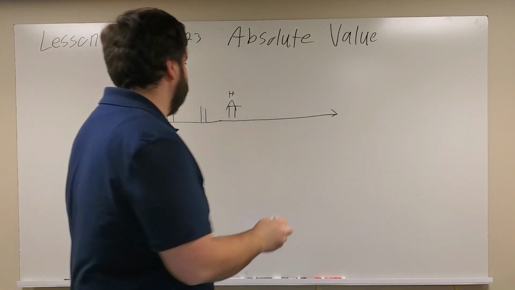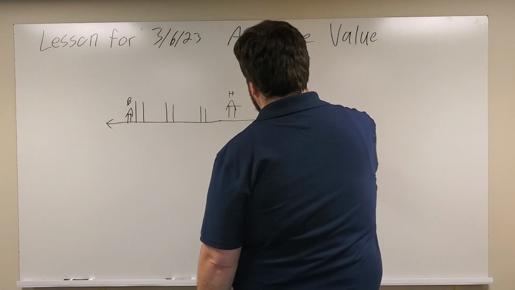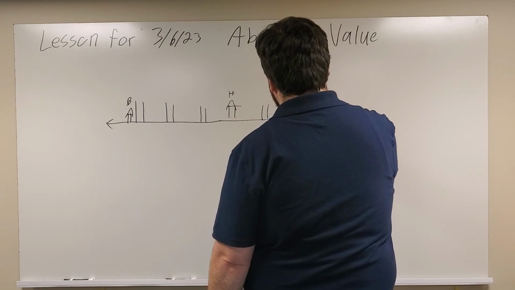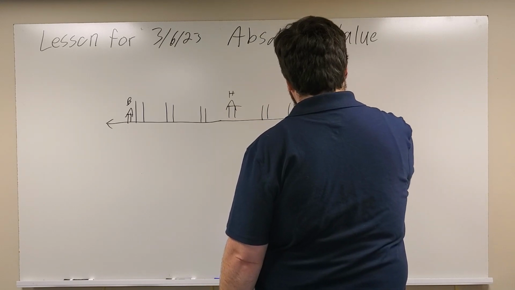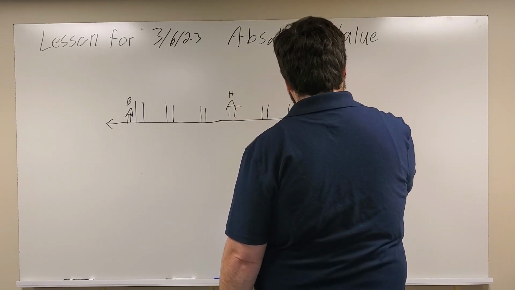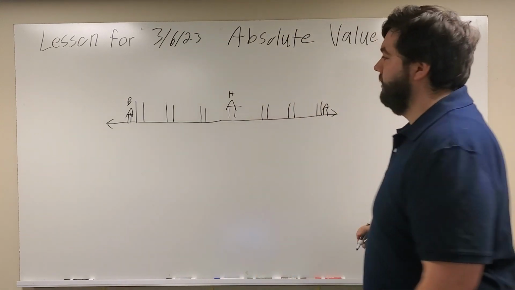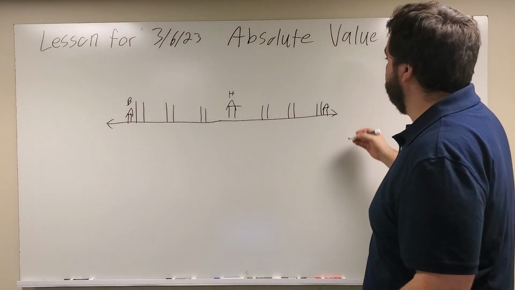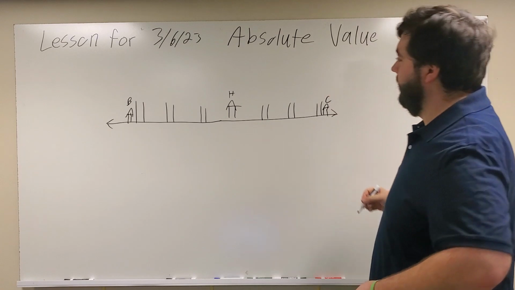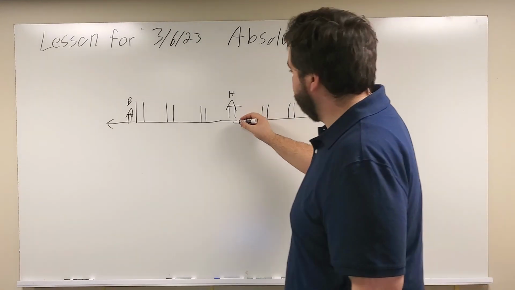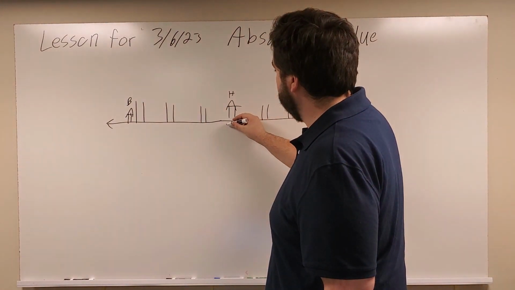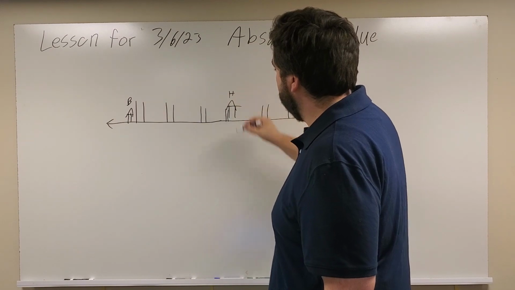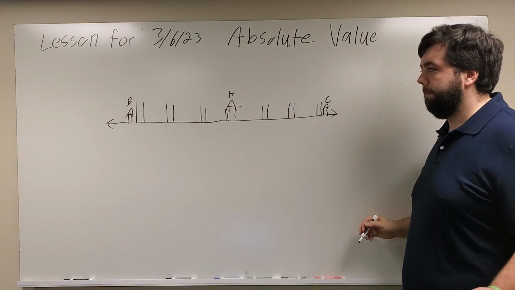We'll call that B. Then you've got 1 block, 2 blocks, 3 blocks over here, and here's your other friend. We'll call them Casey. And here's your house. You live right on an intersection, so there's a road right next to your house.